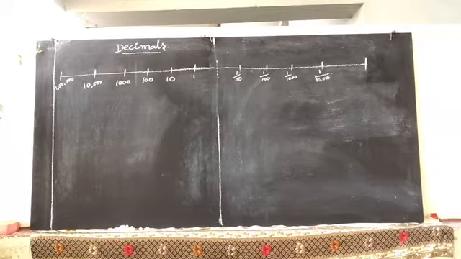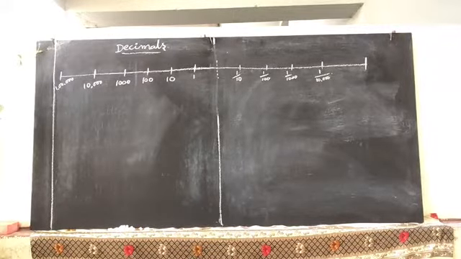Now if you are observing this chart, the places have been given up to 1 lakh. How will you get the next greater places? To get the next greater places, we multiply each place with 10. For example, to get the next greater than the 10's place, we multiply 10's place with 10. 10 into 10 is equal to the 100's place.